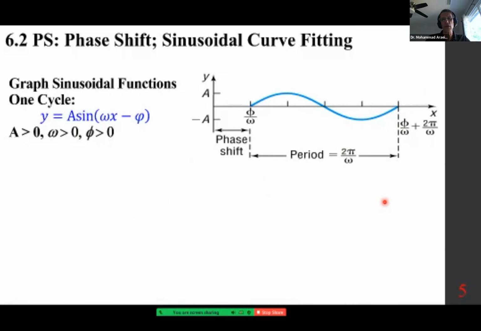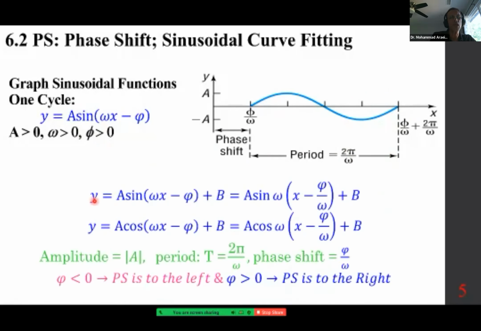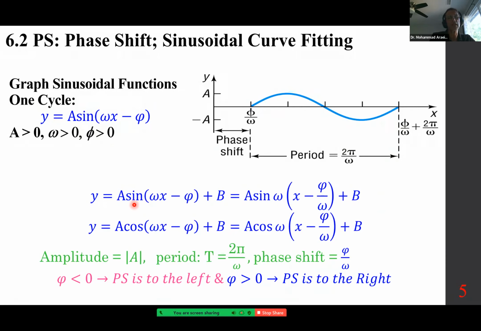Therefore, we can write the general formula as y equals a sine of omega x minus phi, plus beta. It's important to bring the omega out. When you do that, then 2 pi divided by omega is your period. And this is your phase shift.